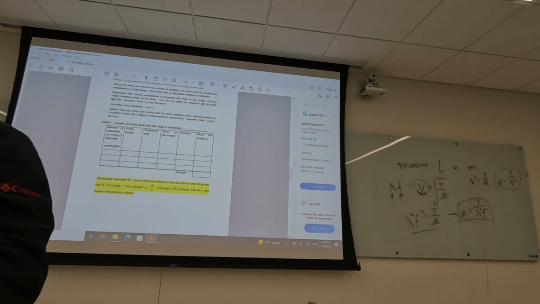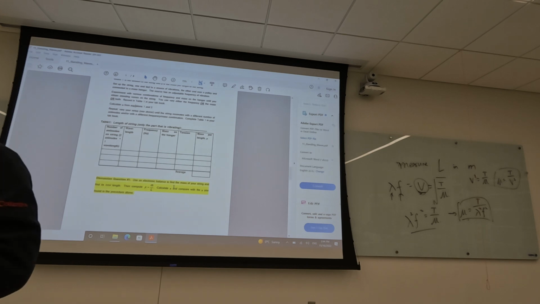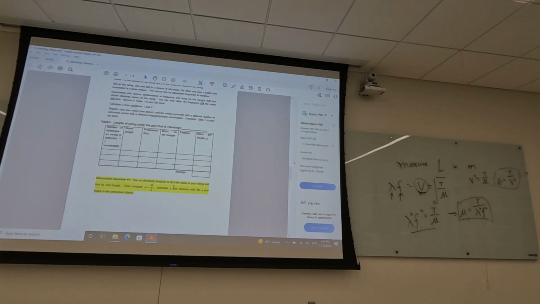Then discussion question 1 is to use the electronic balance to measure the mass of your string and find its length and compute mu equals m over L. This is the theoretical value of mu. So you remove the string from the vibration source and measure the mass using the scale.